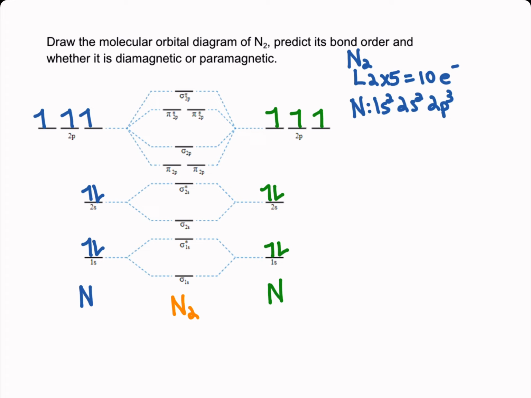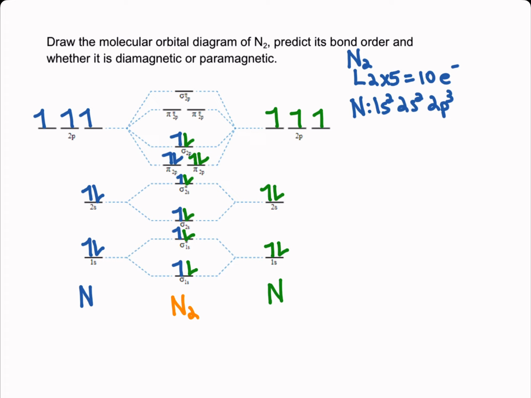We're going to pull 1 electron from the left and 1 electron from the right and put it in the middle. So 1 from the left, 1 from the right, and we keep repeating this until we have all of our electrons.